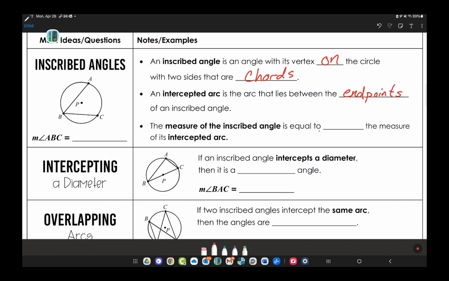Now, let's look at this. Before we talk about what the inscribed angle equals, if we have a central angle that uses the same endpoints as that inscribed angle, and let's say this was 100, what would the measure of that central angle be?